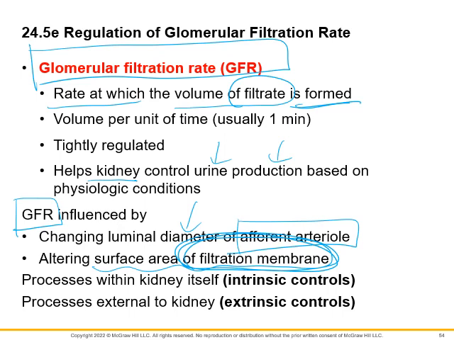That's where the little slits were, right? The pores, the fenestrations. They want you to see that there are intrinsic controls inside the kidney and extrinsic controls outside of the kidney. So two ways to control glomerular filtration rate: internal, external.